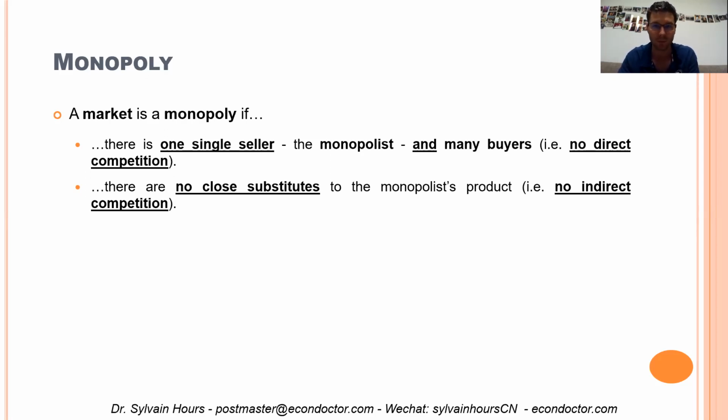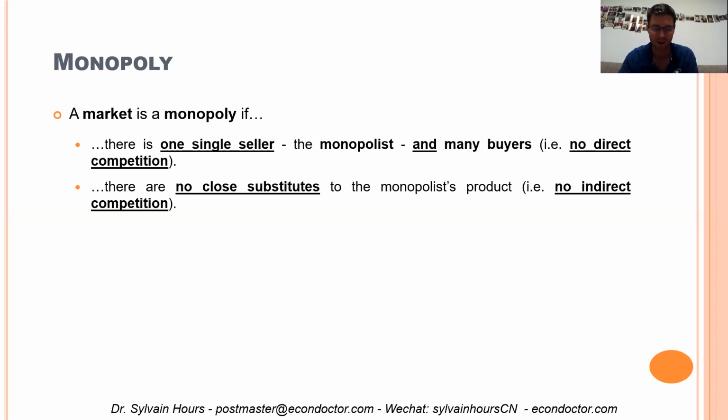The second characteristic in this monopoly market is that the product that is sold by the monopolist has no close substitutes, which means that if you believe that the monopolist charges a price that is too high for the product, there is no way you can purchase a close substitute from another business. So an example could be if you want to go from Beijing to, let's say, Paris, well, you could take the train, but I don't really think that this is something that you are going to do.